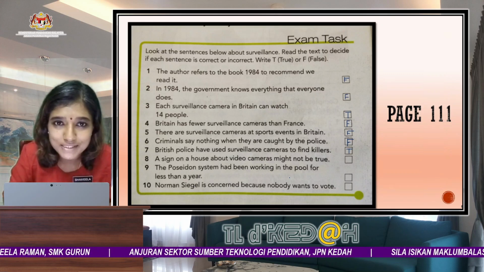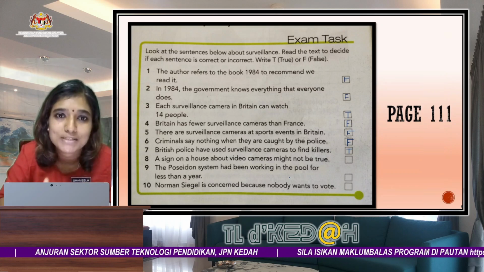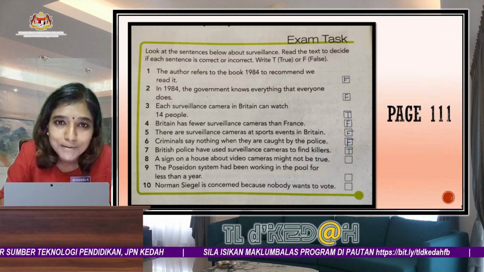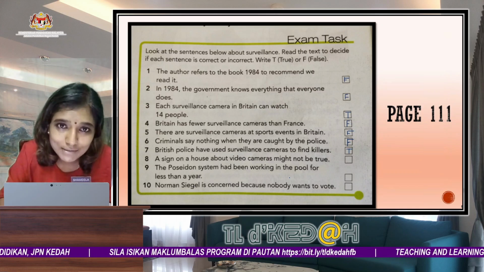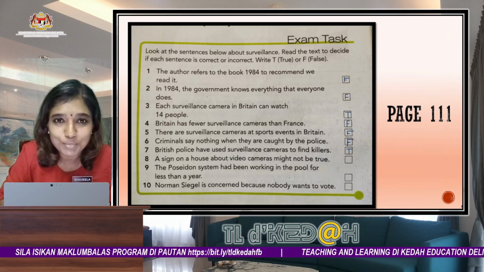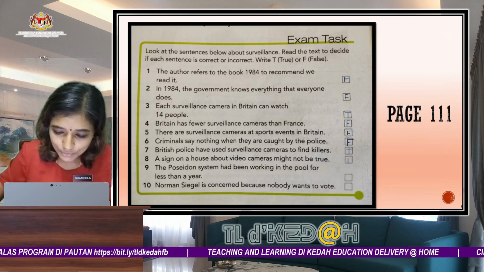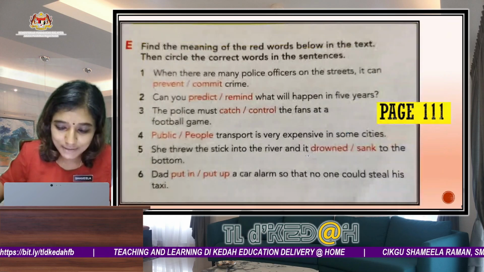So they put up a sign, but not necessarily do they have the equipment at home. I can just put up a sign and people wouldn't know. Some people even put fake cameras, cameras which do not operate. But you can be unlucky. So you have to be very careful. So this is true. It can be no cameras there actually.